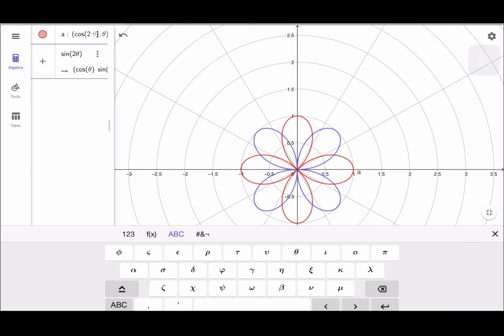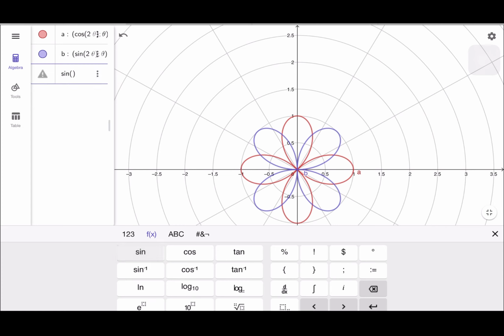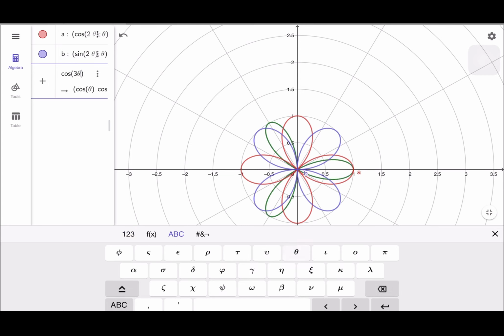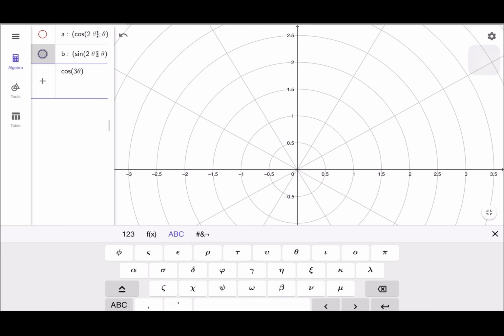And if we have maybe cos 3, oh sorry, let me just erase this first.